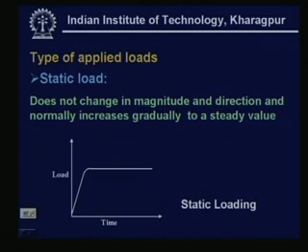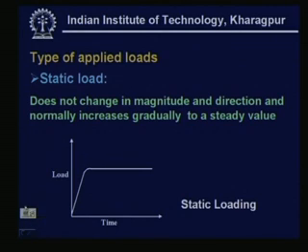See, obviously the first one is what we call a static load, where the load does not change in magnitude and direction and normally increases gradually to a steady value. It is not mentioned here, but we can consider that the point of application of the load is also not changing.